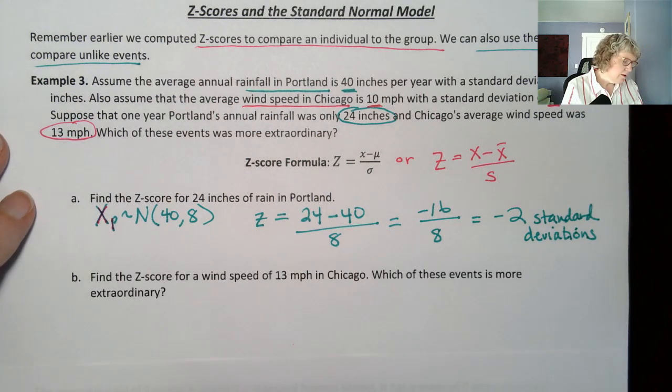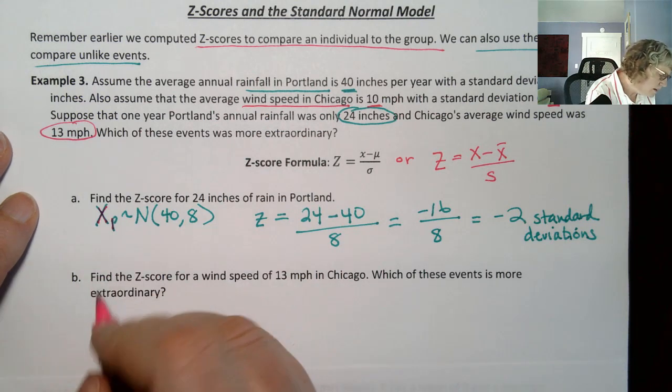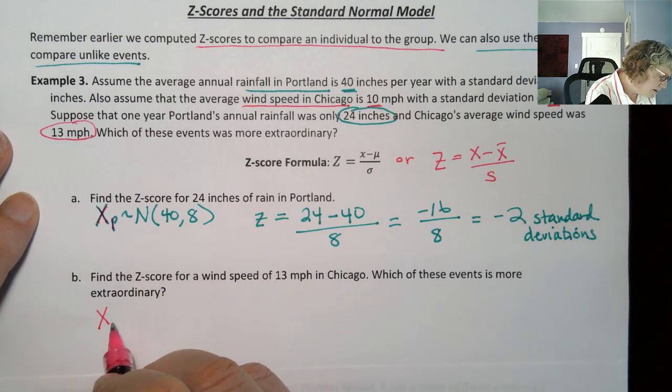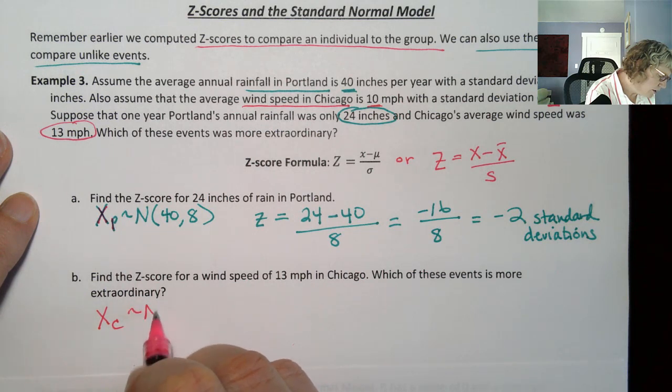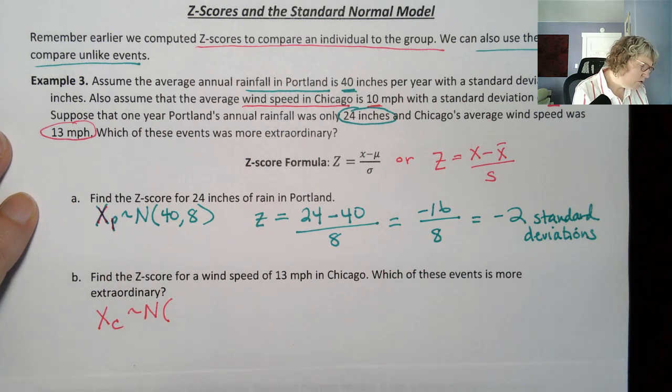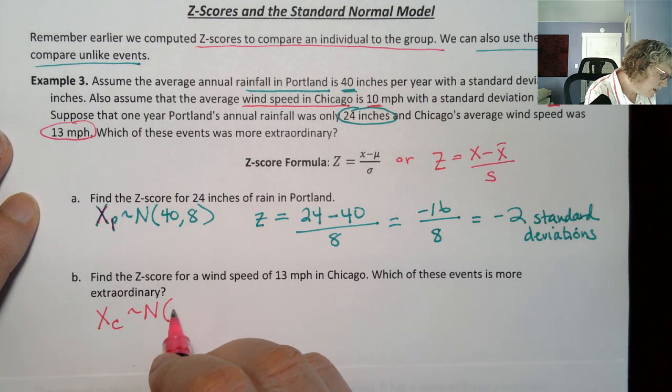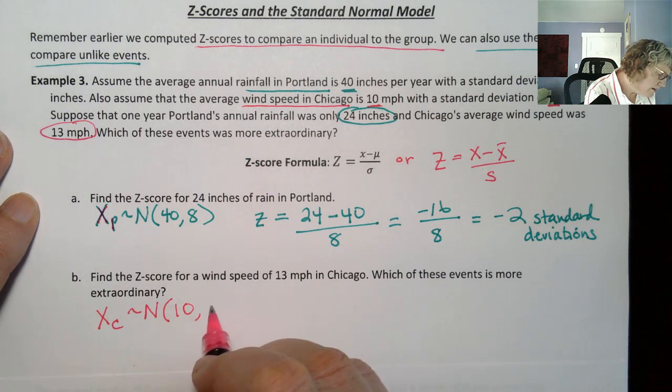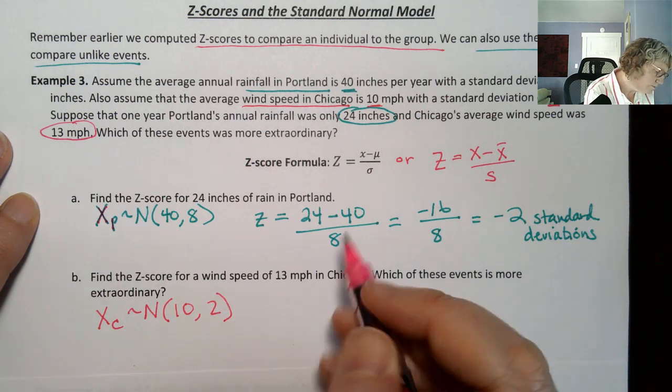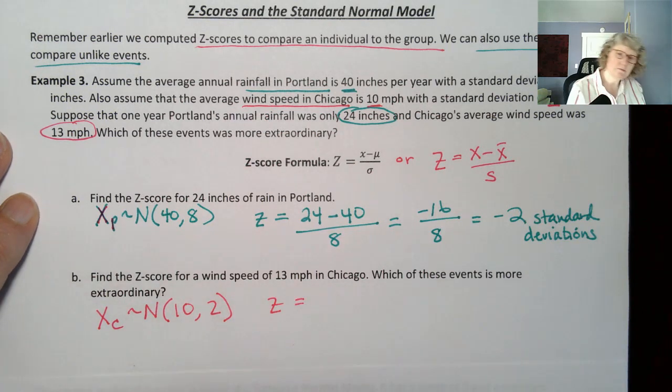Now let's do a z-score for the wind speed. First let's write x sub c for Chicago is distributed normally with an average wind speed of 10 and a standard deviation of 2. Same idea.